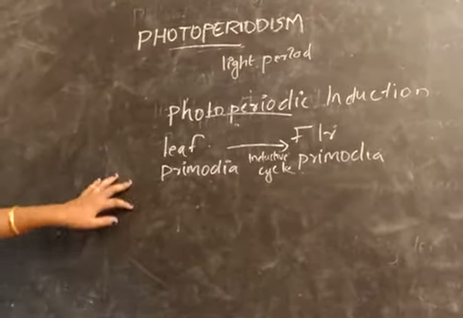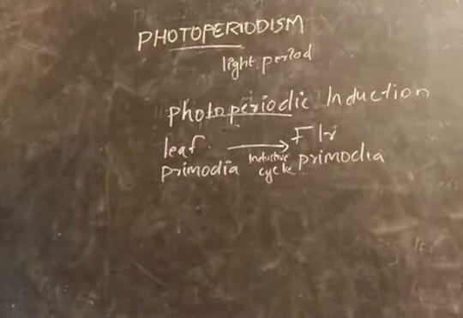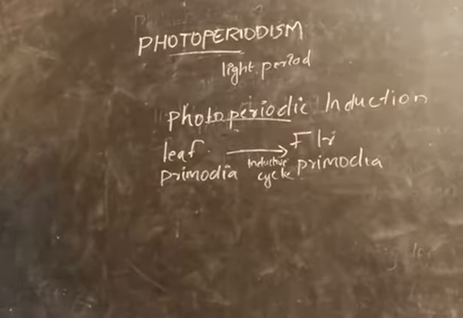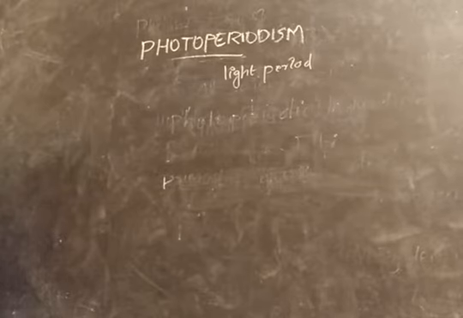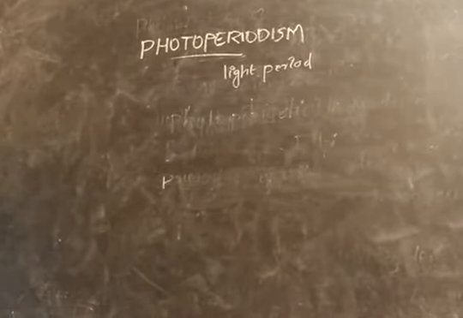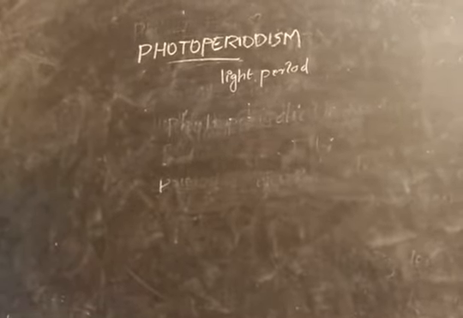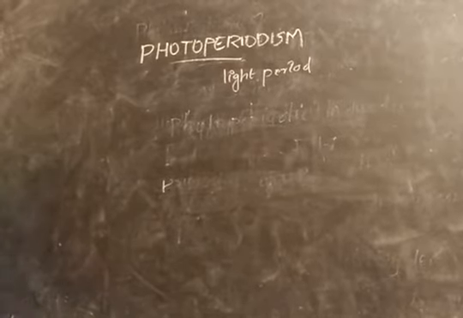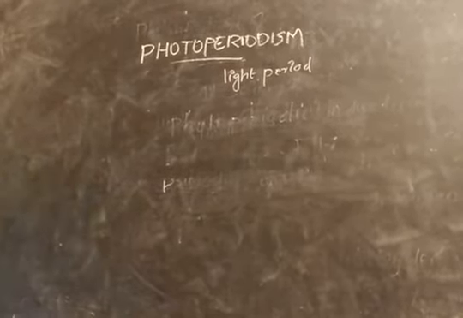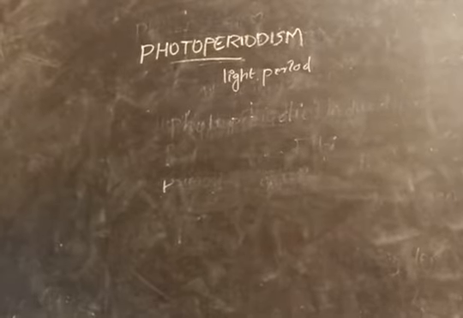Different plants may have different photoperiodic induction. Xanthium, a short day plant, requires one inductive cycle for flowering, whereas Plantago, a long day plant, requires 25 inductive cycles for flowering. These are all about photoperiodic induction.